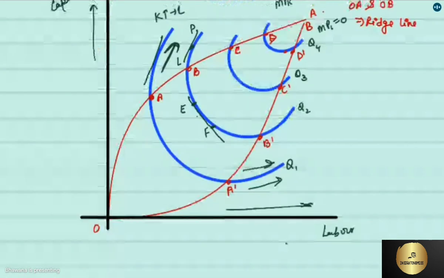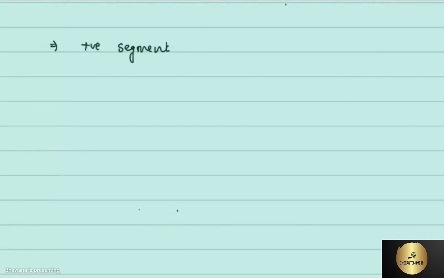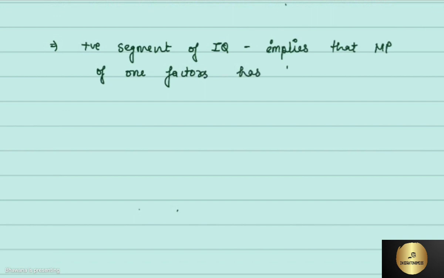These positive segments, meaning upward sloping segments, normally isoquants are downward sloping. These positive segments of isoquants imply that the marginal product of one of the factors has become negative.